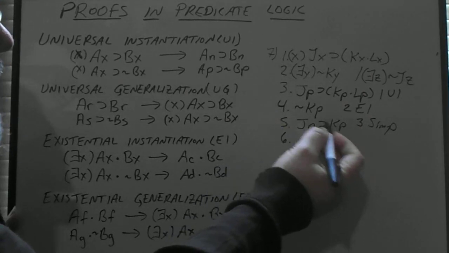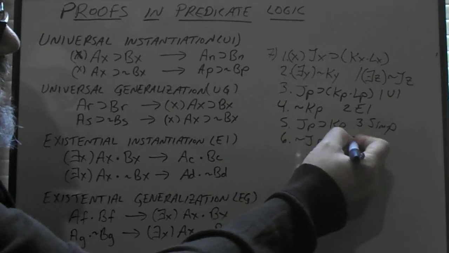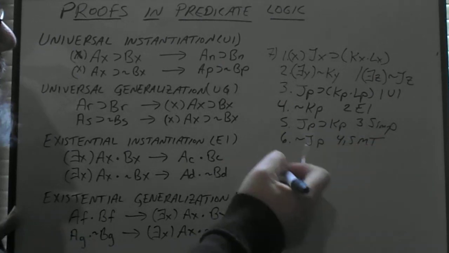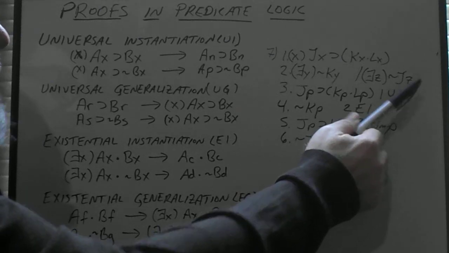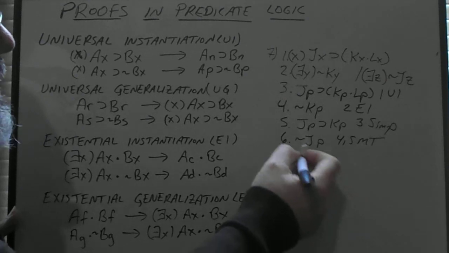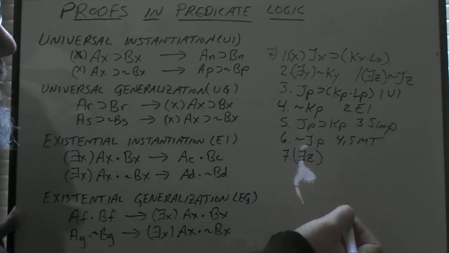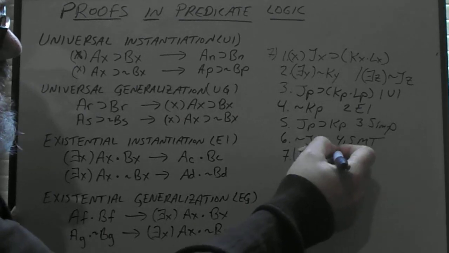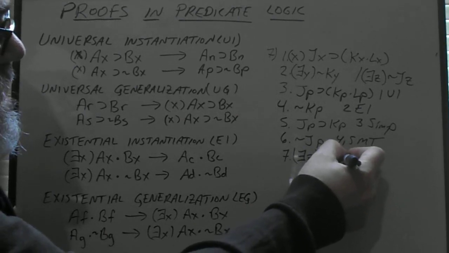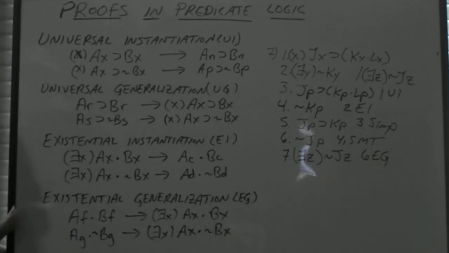If JP, then KP, not KP, therefore not JP. 4, 5 modus tollens. And we wanted not JZ, so we're going to do an existential generalization here. So we'll add the backward Z with the Z this time, and then tilde JZ. So from 6, existential generalization. And that one's done. Okay?